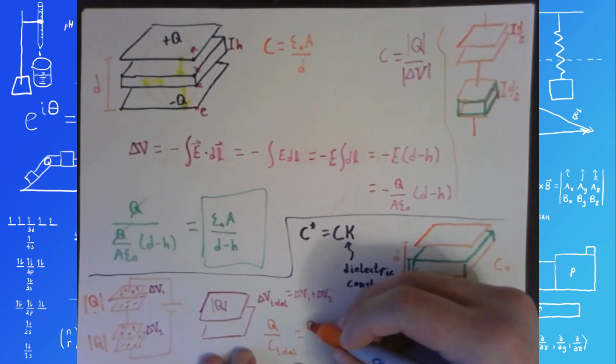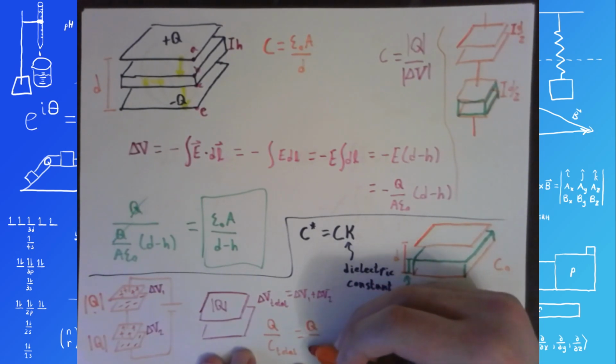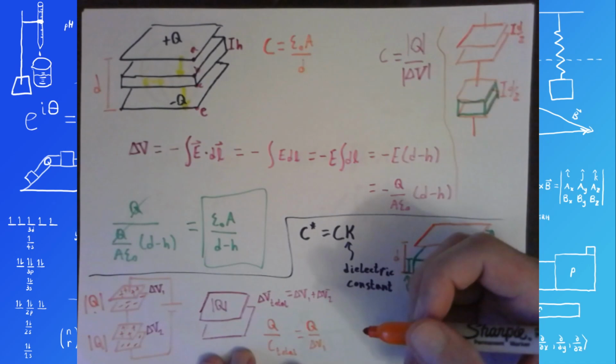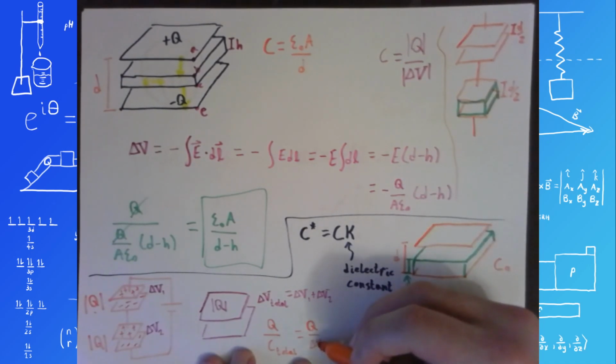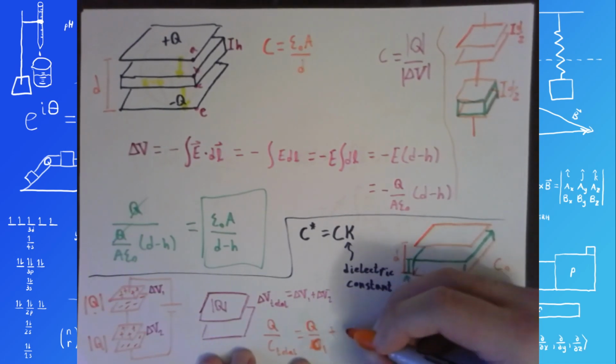equals, no wait, what am I saying? I should say Q1 over C1. Delta V1 is Q1 over C1 plus Q2 over C2.